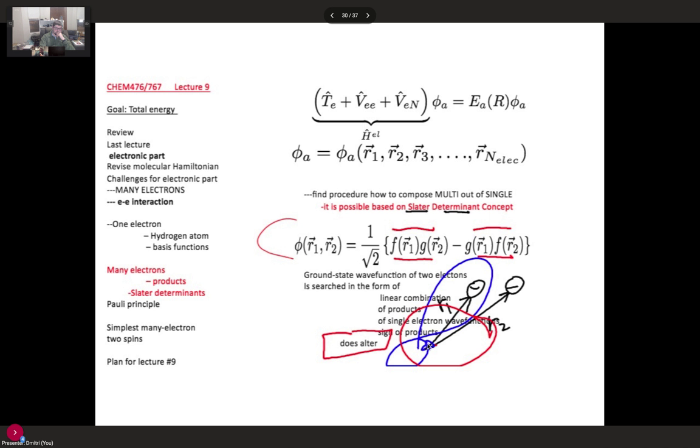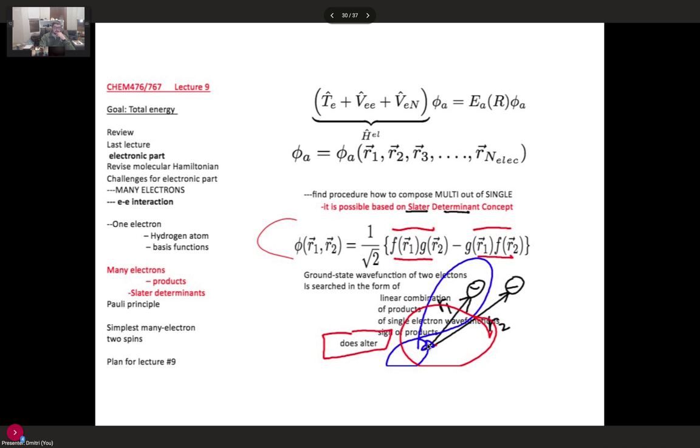We can try to construct such products based on scientific intuition for each specific molecule, but it is not algorithmic. We need an algorithm for how to compose an antisymmetric wave function in the general case. And again, this challenge was already addressed by Slater.